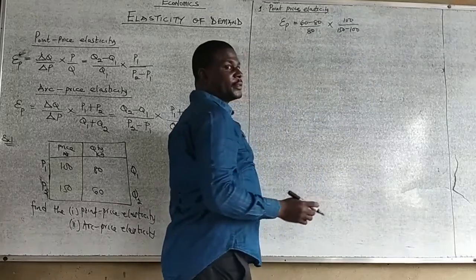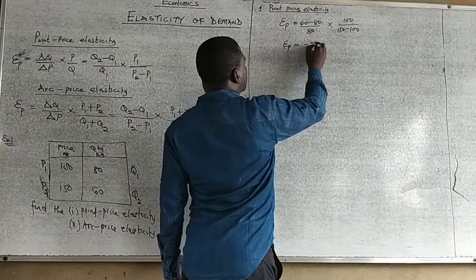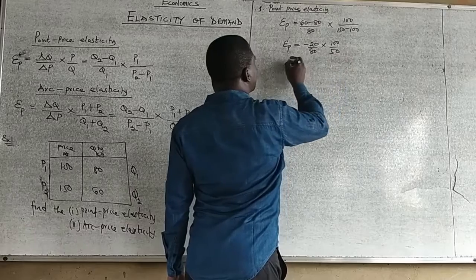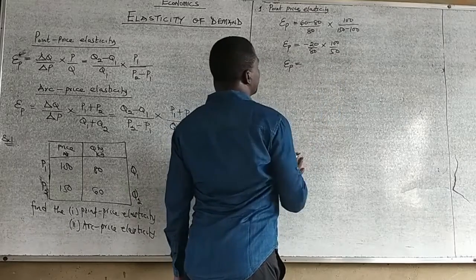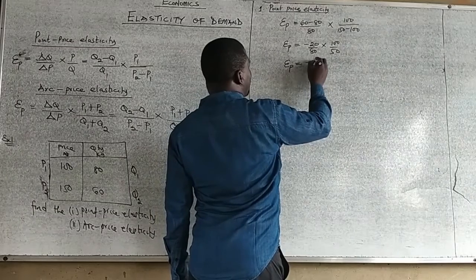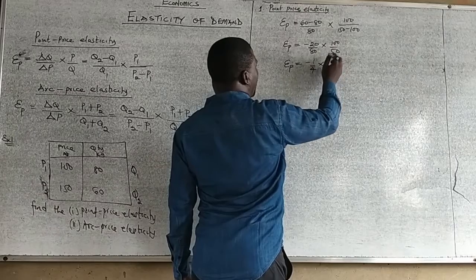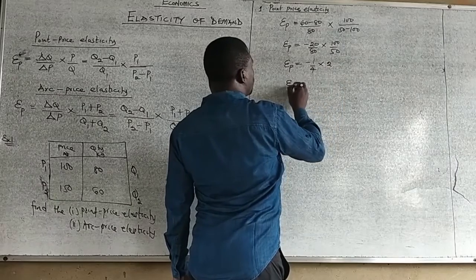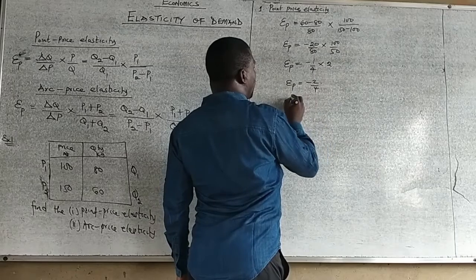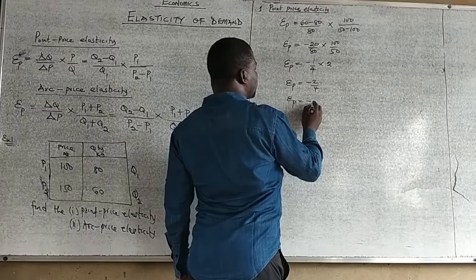Am I right? So what's our price elasticity? Minus 20 over 80 times 100 over 50. So here it is minus 1 over 4 times 100 divided by 50, which is 2. So I will have minus 2 over 4. That will be minus 0.5.